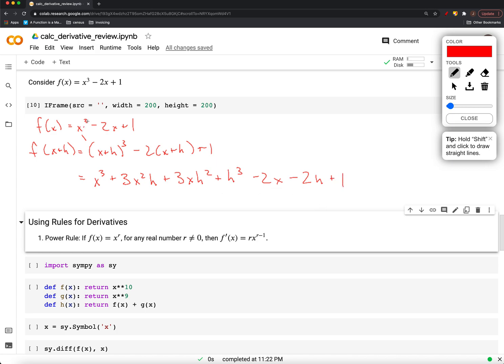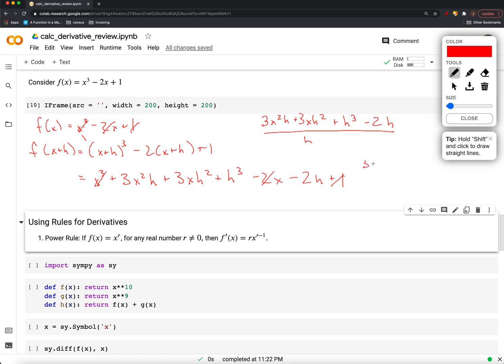And again, we see that we'll have an x cubed and x cubed cancel out, a 2x minus 2x, and a 1 and a 1. And all right, so 3x squared h plus 3xh squared plus h cubed minus 2h all over h. Again, there's an h in everything in the numerator. Factor those out and cancel.